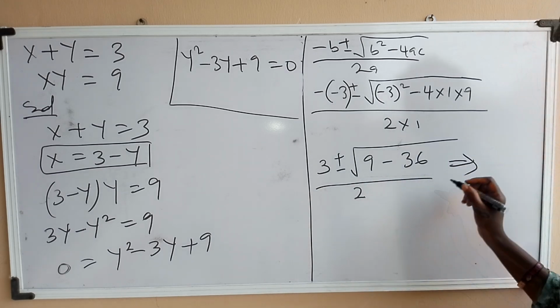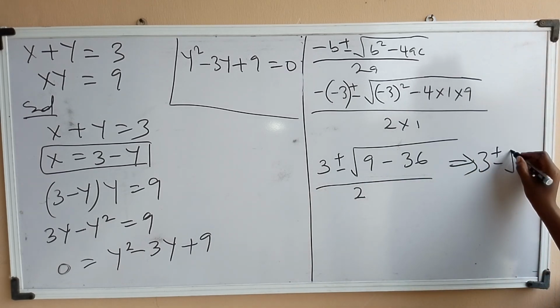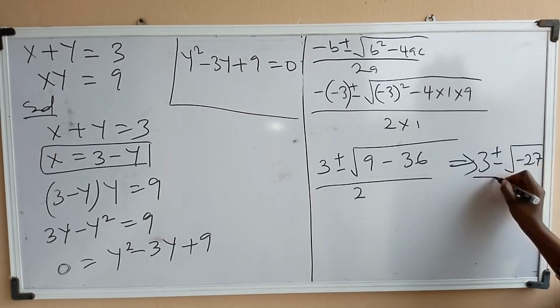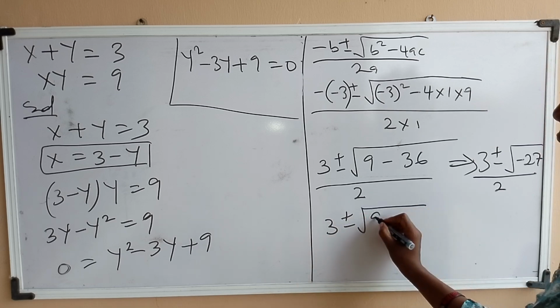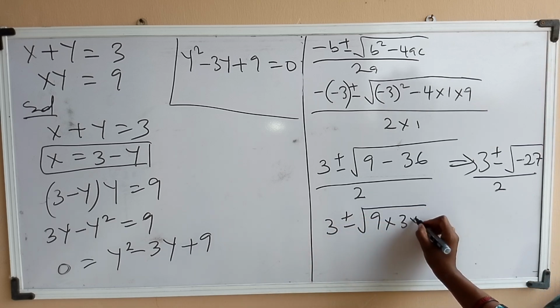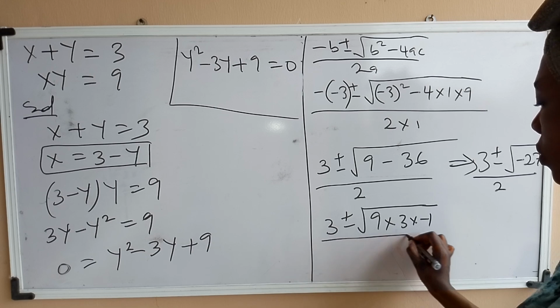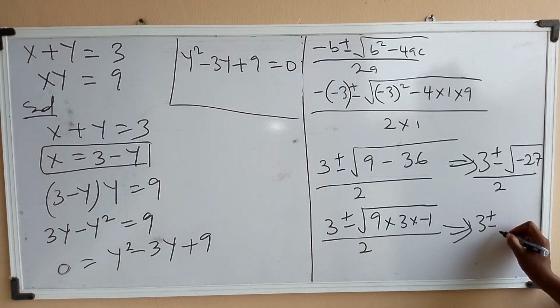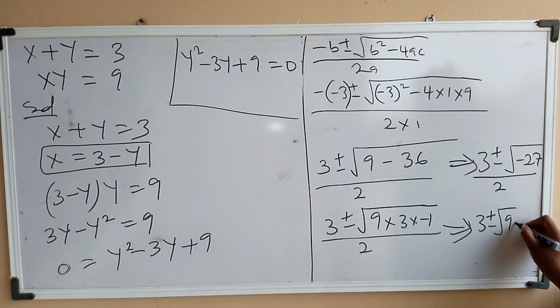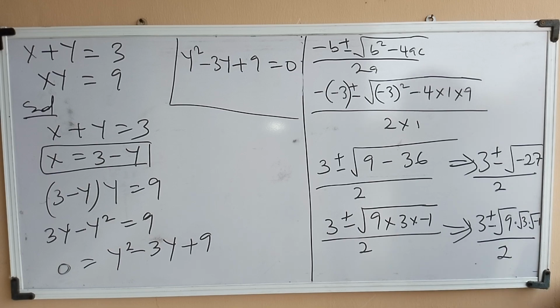When we subtract, we have 3 plus or minus square root of minus 27 all over 2. To find the square root of this one, 3 plus or minus, is 9 times 3 times minus 1, all over 2. This will be broken down as 3 plus or minus square root of 9 dot square root of 3 dot square root of minus 1, all over 2.